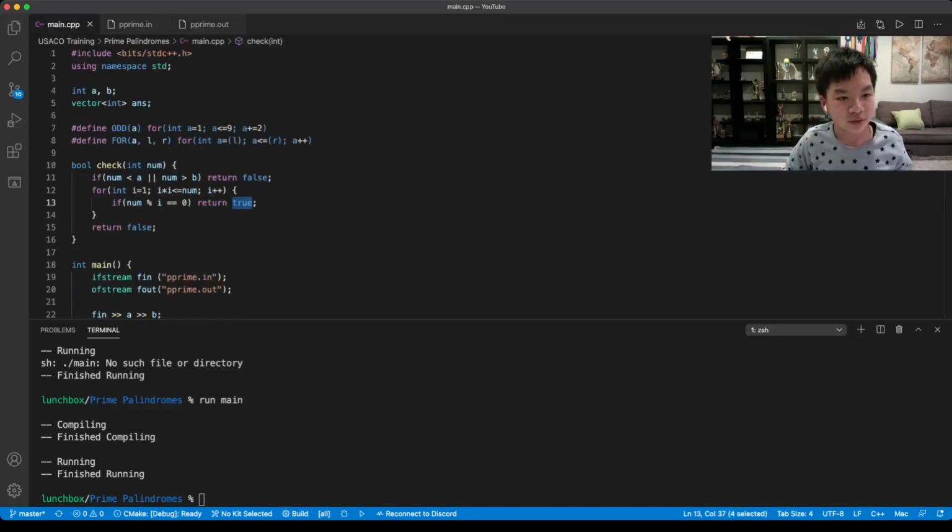We actually have to do return false. And over here, 1 shouldn't be included, since every number is divisible by 1. So basically this means that if it is divisible by a number, then you have to return false. Okay, so let's run this again.